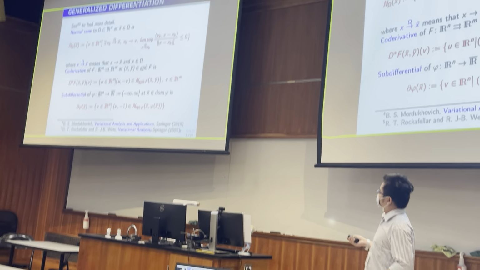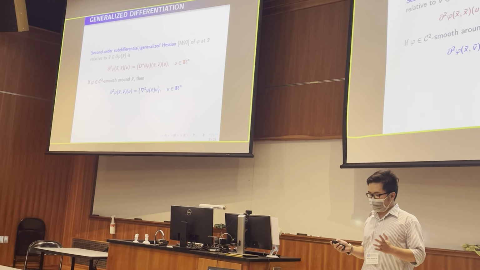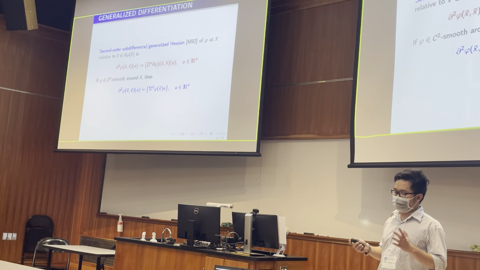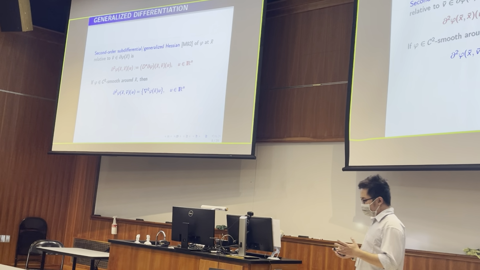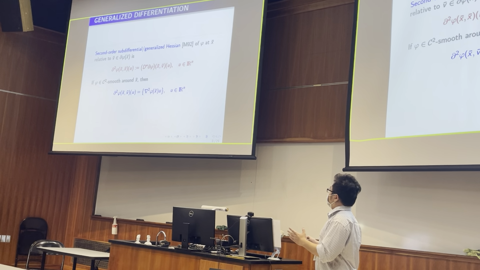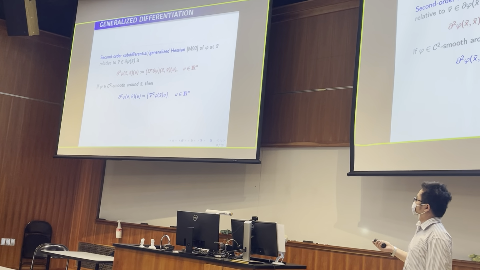We have the normal cone, the coderivative, and the subdifferential. The main tool of our algorithm is the second-order subdifferential. That means we use the coderivative of the subgradient mapping to establish our algorithm.